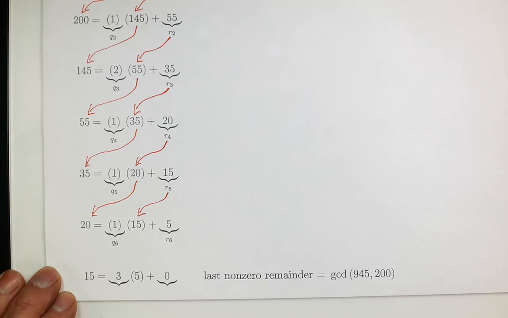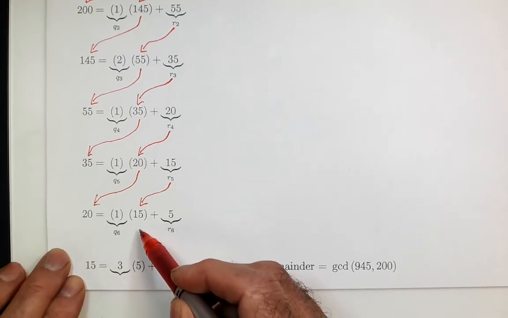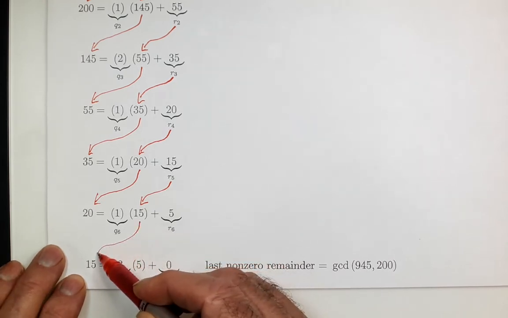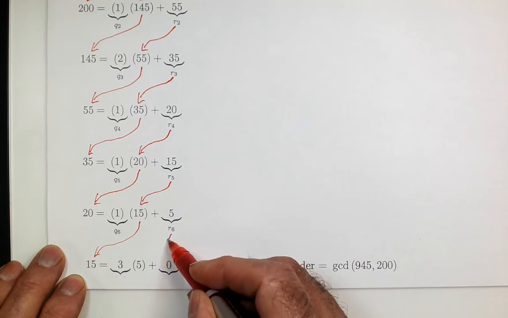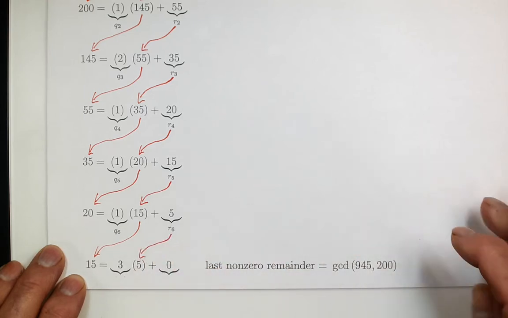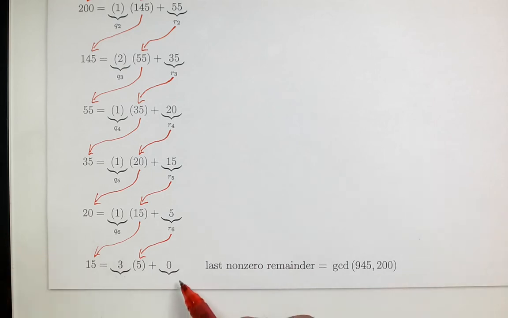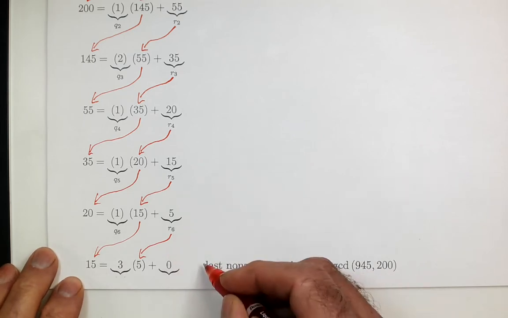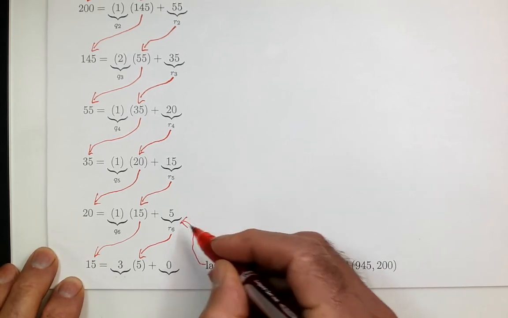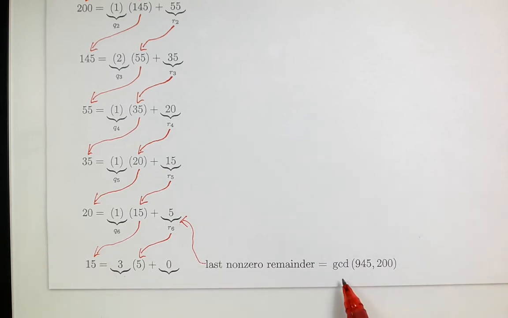And then finally, we let the divisor of the previous step be the dividend of our current step, and the remainder of our previous step be the divisor of our current step, and we get a remainder of 0. Oh, thank goodness. The last non-zero remainder is the greatest common divisor of the two numbers.